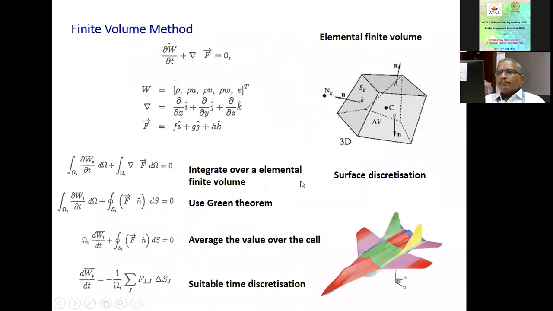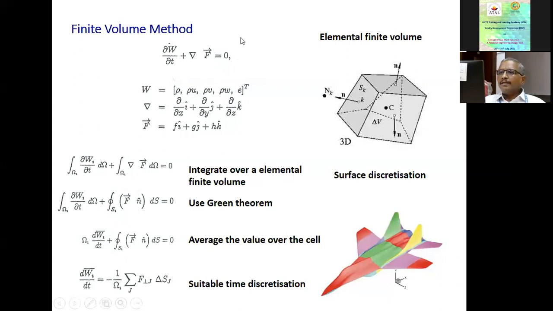Having mentioned the conservation equations, in this slide I give a very brief layer of what the finite volume approach is. The three conservation equations I showed can be put in a very short form as shown here. All three equations are put in this form, where the first term represents the unsteady term, where W is called the conserved vector variable, and F is the flux vector, which is a function of this conserved variable.